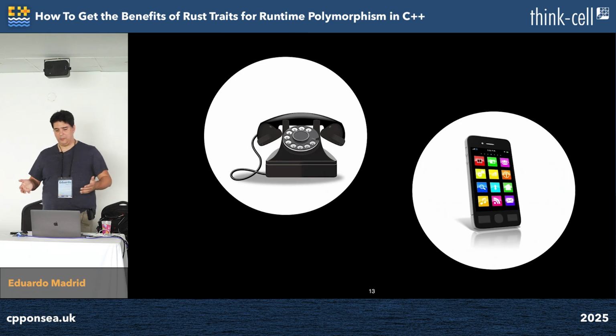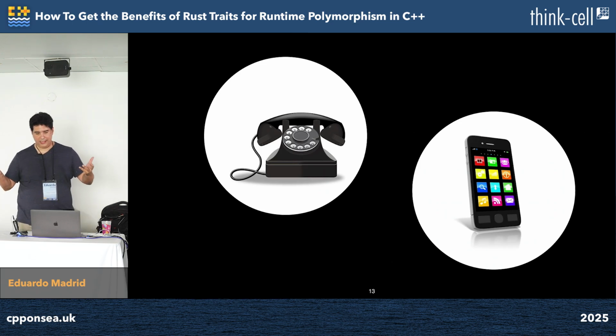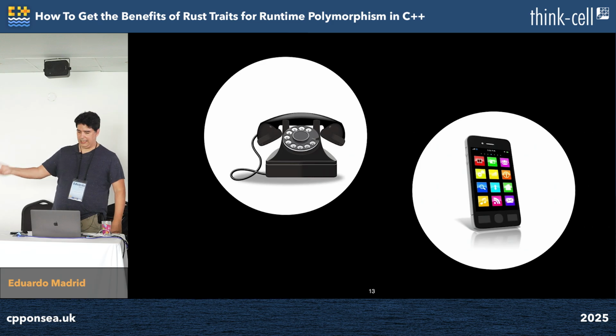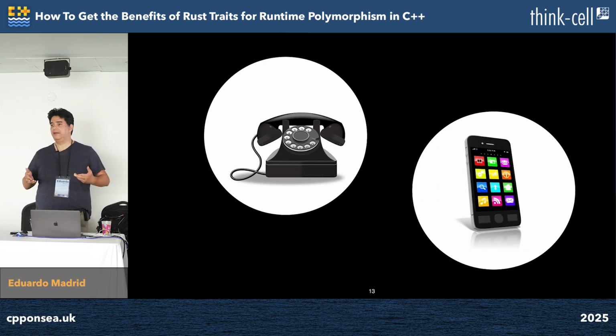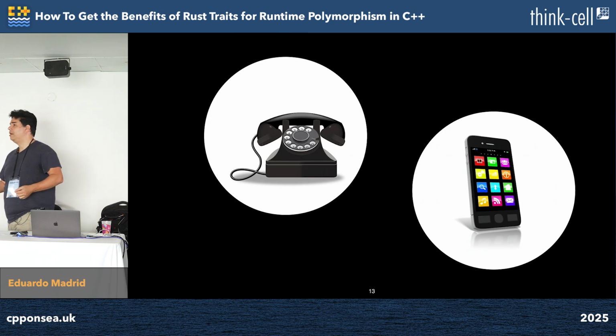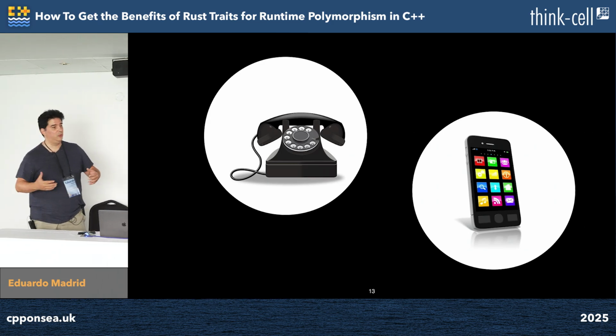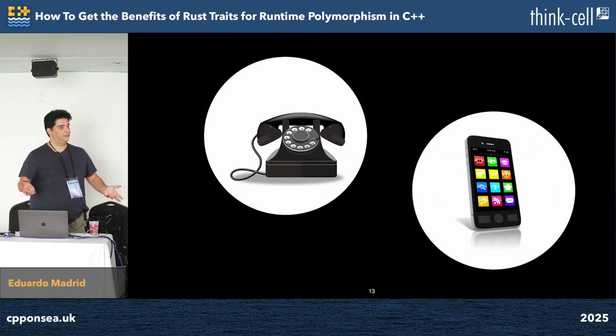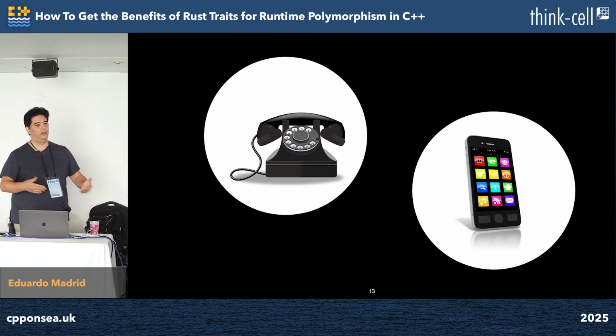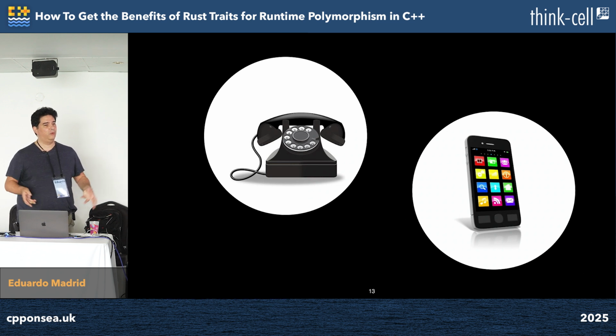For that, I'm going to use the idea of a rotary phone and a smartphone. If you care about the essential characteristics of a telephone, you care about something that is able to place and receive calls, and very little else. If something is able to place and receive calls, then it is a telephone, and you can use it whenever you want to use a telephone.